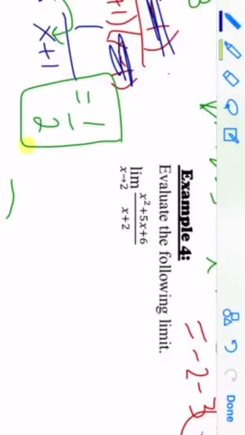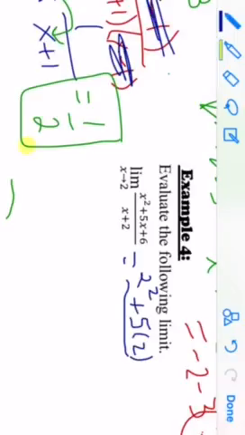Okay. And then you don't have to factor. You can just plug in. All right. So since we're not dividing by 0, breaking any rules of math, we can just plug them in. So that'd be 2 squared plus 5 times 2 plus 6 all over 2 plus 2.